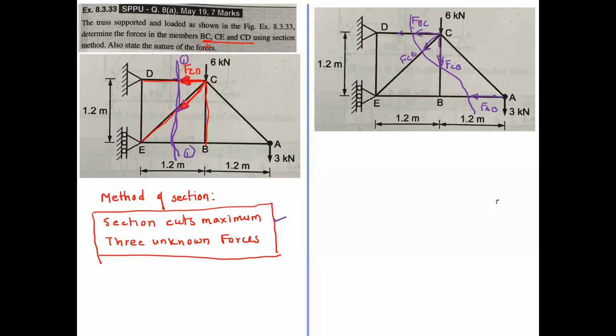This is another force, CE, and one more force cut in section 1, which is not a requirement of your numerical. Clear? So now I draw the FBD of this section.